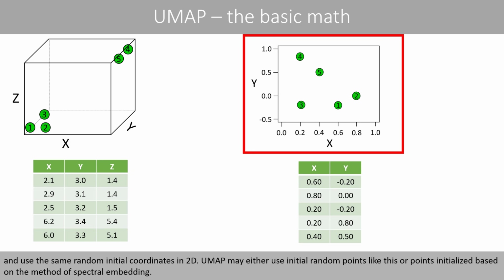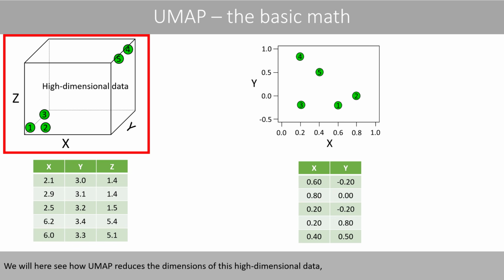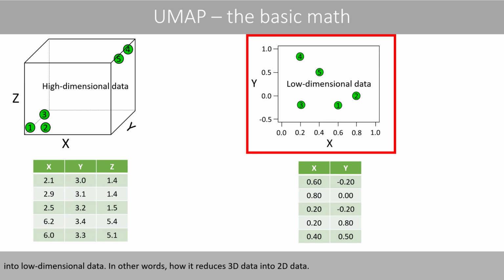UMAP may either use initial random data points like this, or points initialized based on the method of spectral embedding. We will here see how UMAP reduces the dimensions of this high-dimensional data into low-dimensional data. In other words, how it reduces 3-dimensional data into 2-dimensional data.